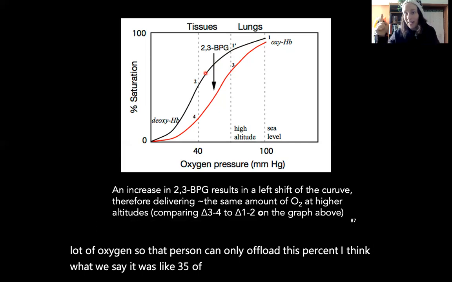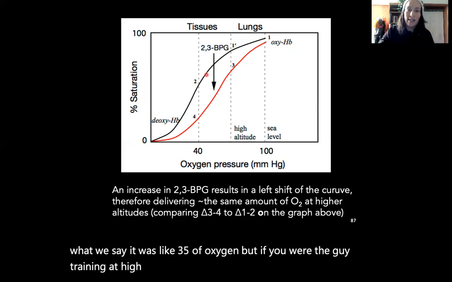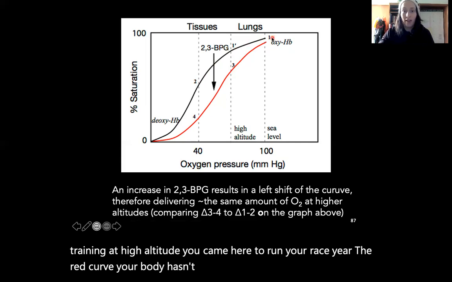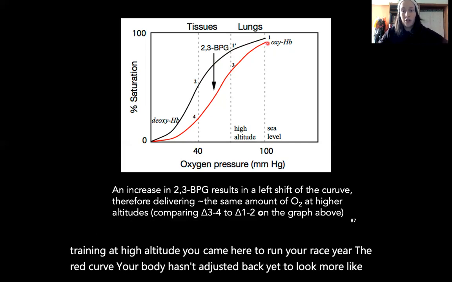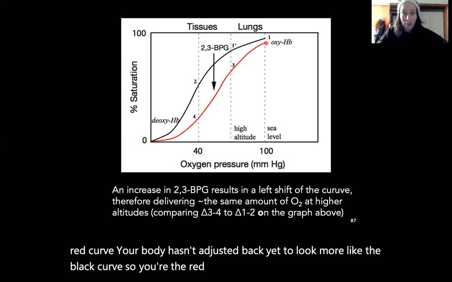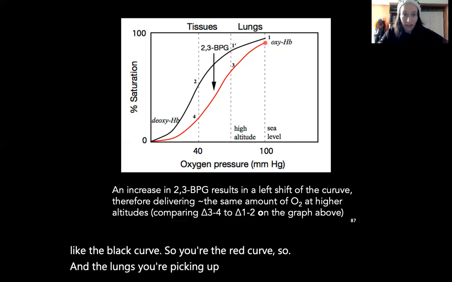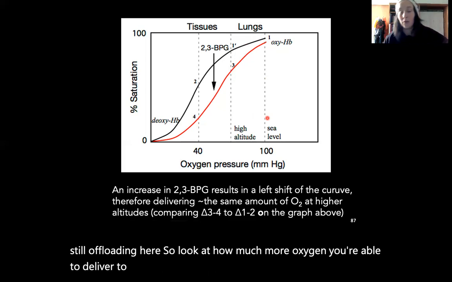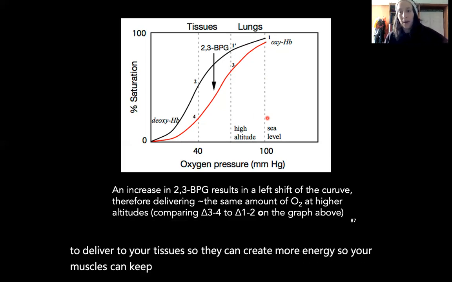But if you're the person training at high altitude and you came here to run your race, you're the red curve. Your body hasn't adjusted back yet to look more like the black curve. So in the lungs, you're picking up here at the red curve and you're still offloading here. So look at how much more oxygen you're able to deliver to your tissues so they can create more energy so your muscles can keep on working and pumping those pedals or running that race.